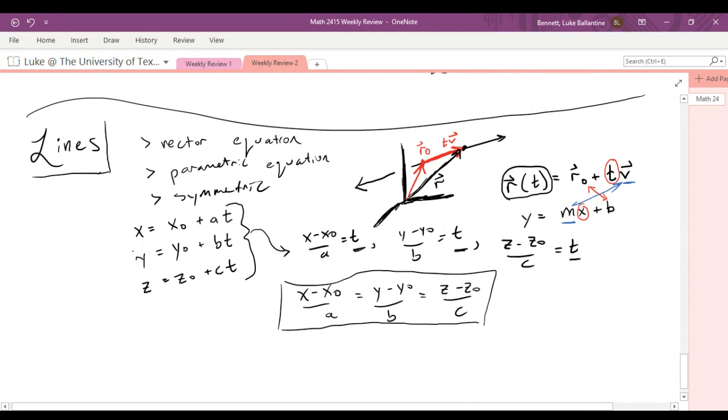So this is parametric, symmetric, and then we have the vector equation. Now, if we call the point r naught in the vector equation, so I want to rewrite it down here, r of t equals r naught plus t times v. If r naught is a point, we call it x naught, y naught, z naught. And then the slope vector we denote as a, b, c.